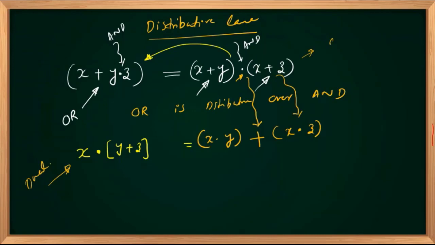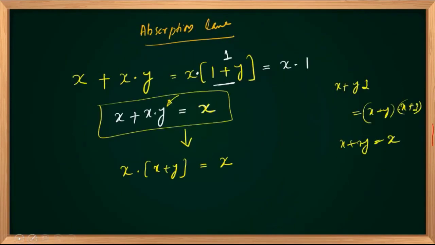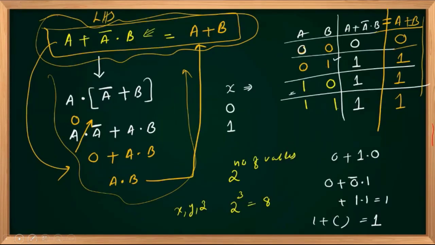This one: A plus B dot A plus C equal to the same variable A plus the product between B and C. Same variable x, or with the product between y and z. So A plus B dot with A plus C is the same as A plus BC. And the last expression, A plus A bar B equal to A plus B.